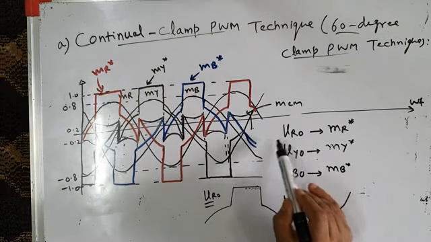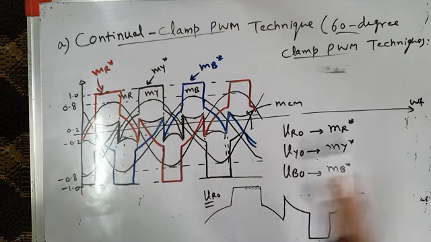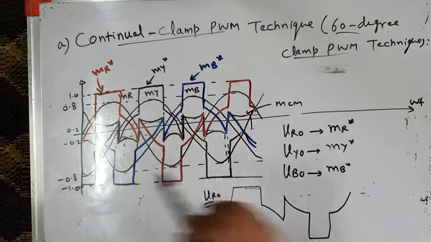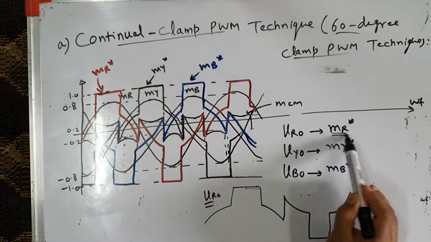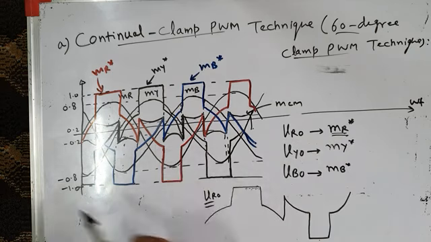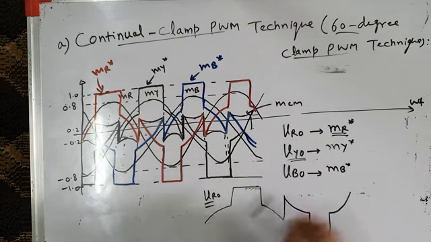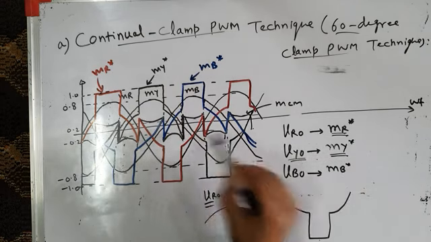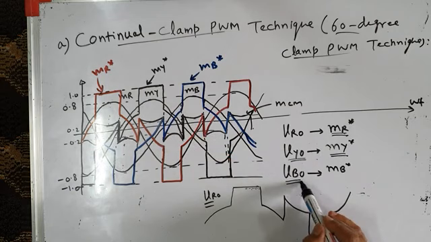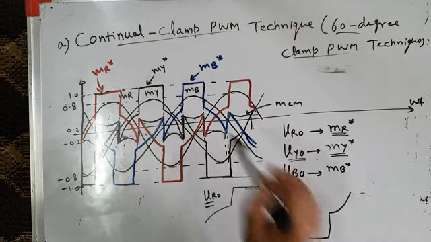The instantaneous average value of VRO over one cycle, from one carrier period to another carrier period, has the same shape as MR star. The instantaneous average value of pole voltage VYO over one cycle will have the same wave shape as MY star. You can see the instantaneous average pole voltage VBO over one cycle will have the same shape as MB star.